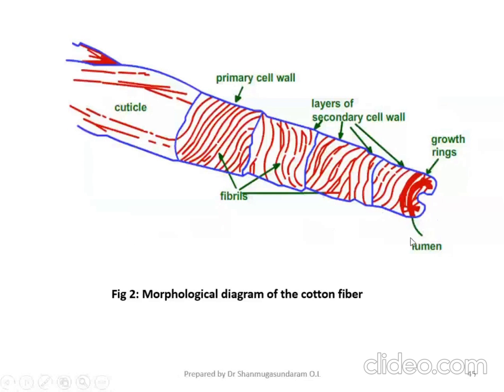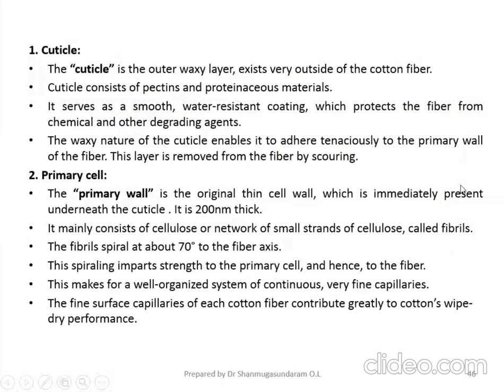So again, this is the morphological diagram of your cotton fiber. Here the cuticle, then primary wall, secondary wall, and then lumen. Now let us discuss one by one. What is the cuticle? The cuticle is the outermost layer, existing very outside of the cotton fiber. Cuticle consists of pectins and proteinous matter.